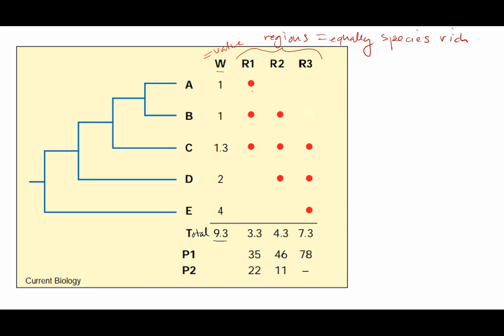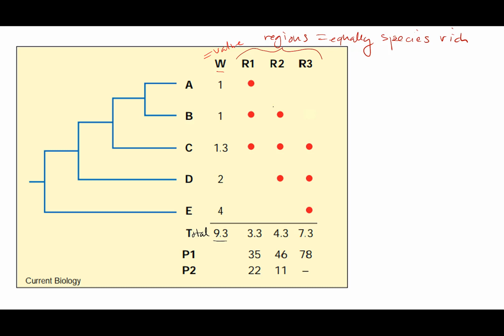If you add up region 1 scores, these weight values or those uniqueness values, you've got 1 plus 1 plus 1 plus 3. These values really we can just call taxic diversity values, okay? Because this is the taxic diversity scoring mechanism. So we've got 1 plus 1 plus 1 plus 3, which gives us a total of 3.3.